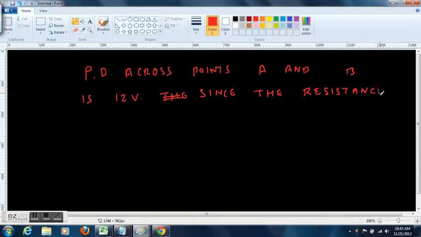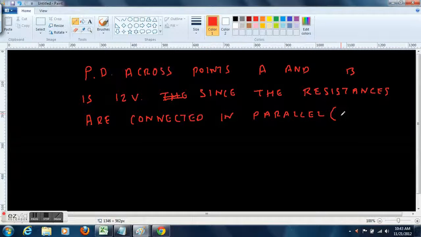Since the resistances are connected in parallel, they will have the same potential difference. From now onwards, for parallel I will write two vertical lines like that.